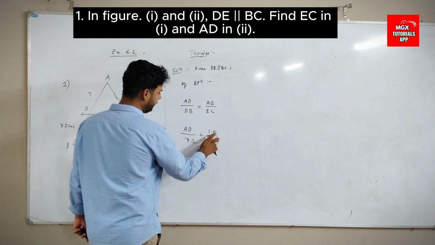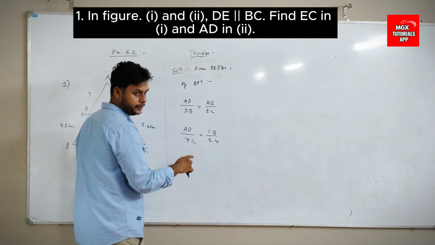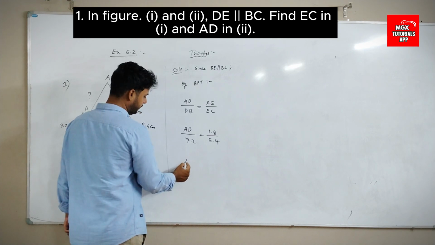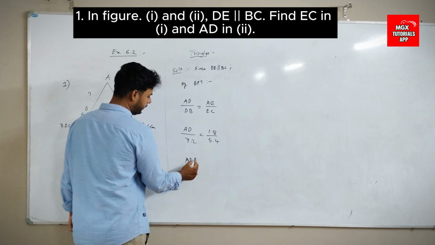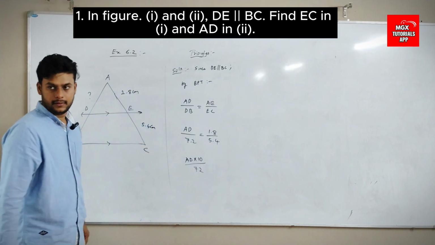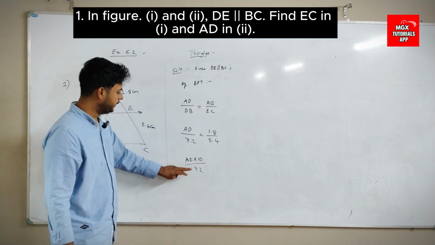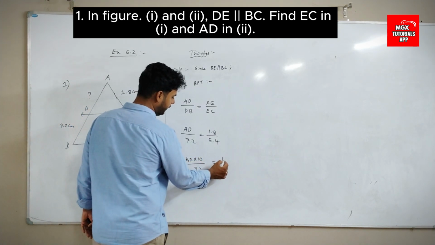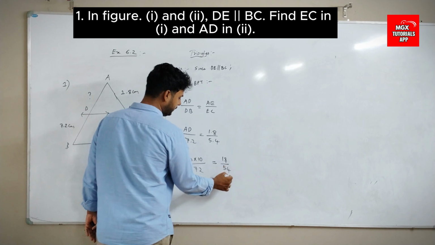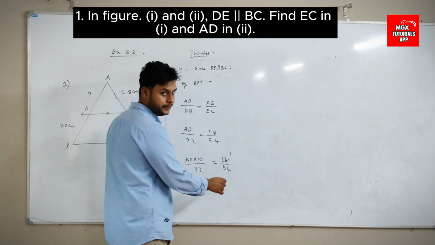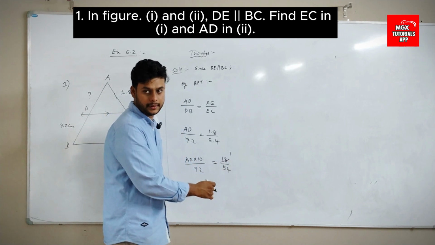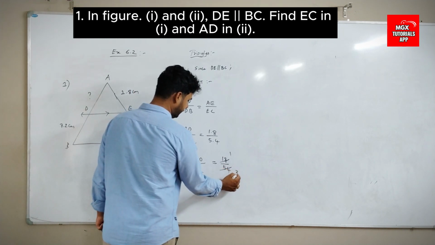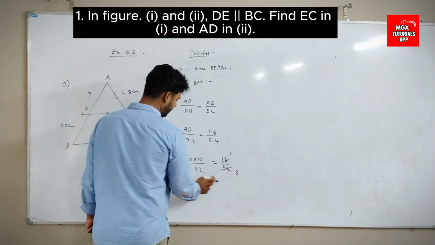If I move 1 point from here, this will become 18, this will become 54. And that also you can do. So AD into 10, if I take here, it will become 72. To make this 72, I should send 10 on the upper side. 72 is equal to 18 by 54. 18 ones are 18, 18 threes are 54.